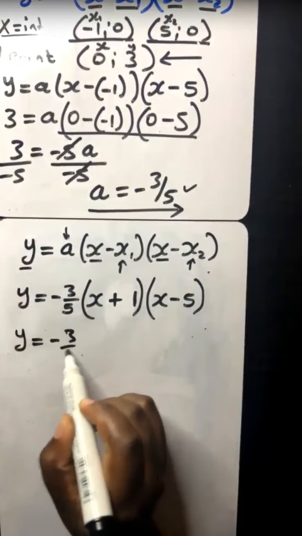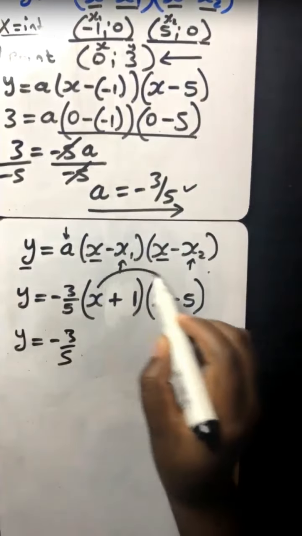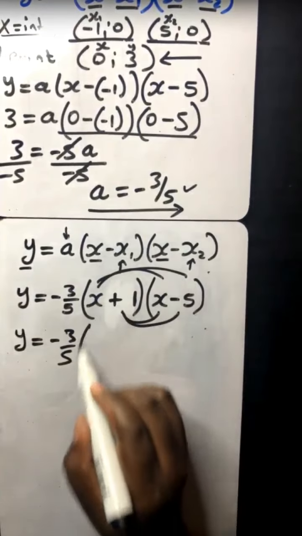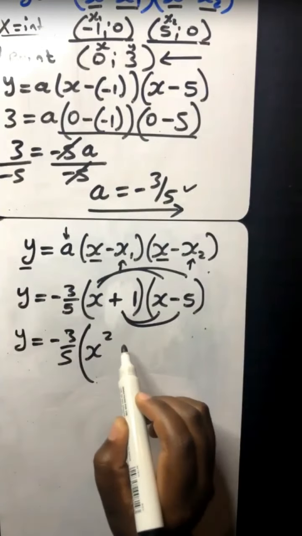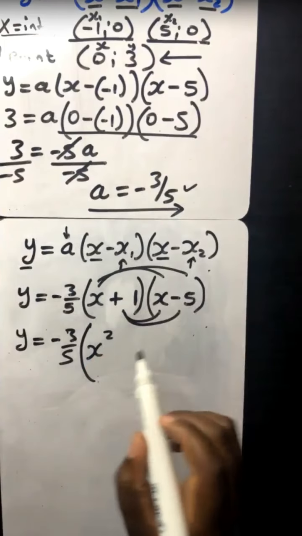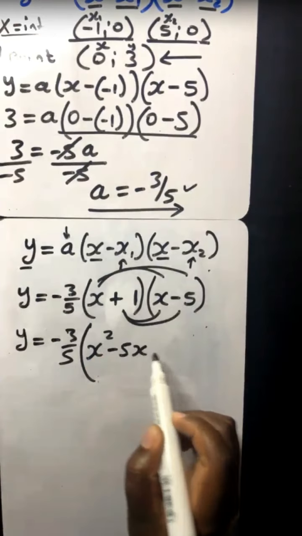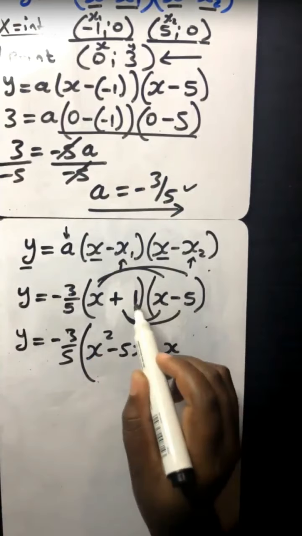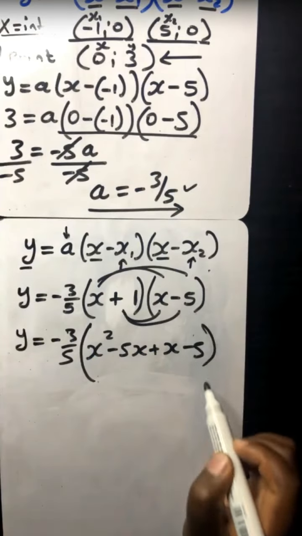So Lerato, this is what you'll be doing. You say that times that, that times that, this times that, that times that. So you have x squared, then that times that is 5x, and this times that is +1x. This times that is -5.